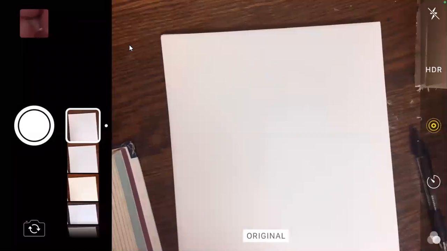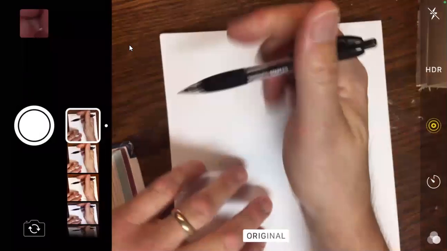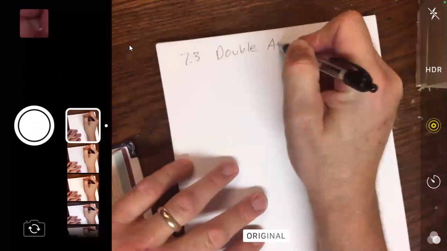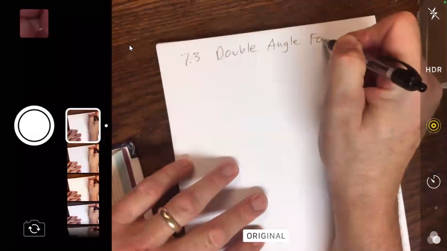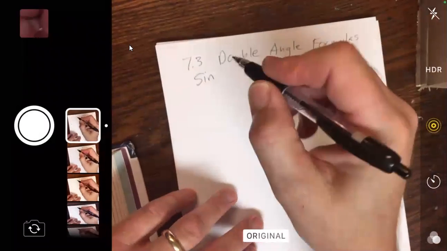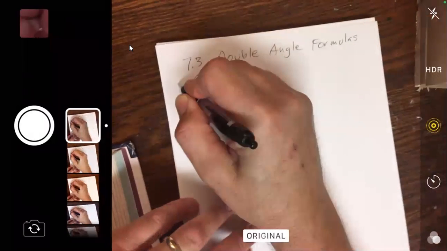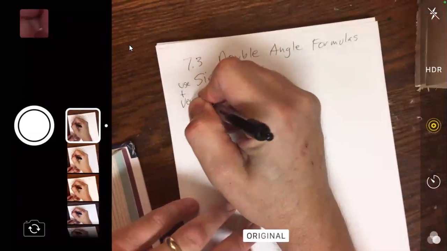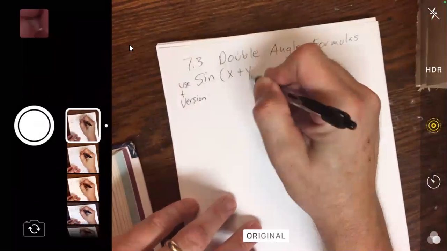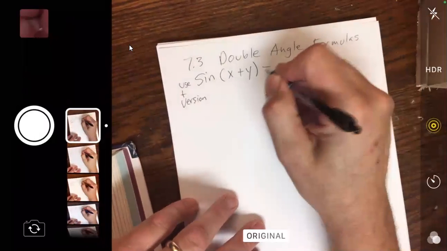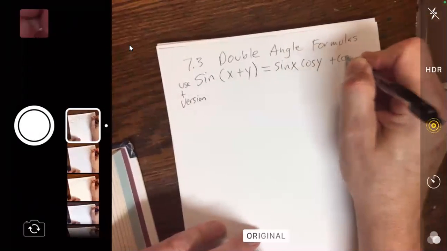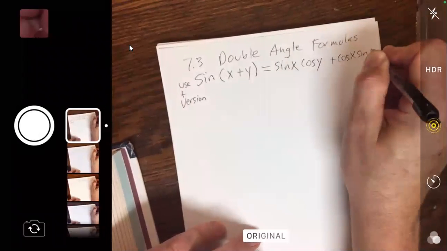All right, double angle formulas. Start with a sine. We're going to use the plus version of, I'll use an x and a y, or you could use an s and a t. If you remember, it went sine first, cosine second, plus cosine first, sine second.